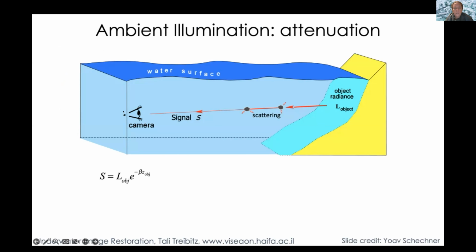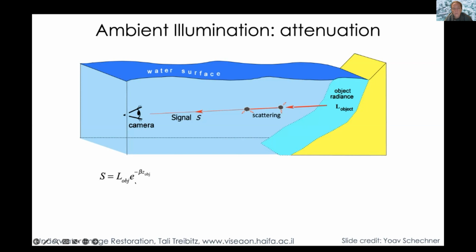So if we look at the signal that is coming to the camera from the object itself, L object is what we call object radiance, or what we like to say is how would the object look without water? If we manage to drain the water between the camera and the object, how would the image look? So that's L object. And this is attenuated along the line of sight, and the attenuation is exponential.